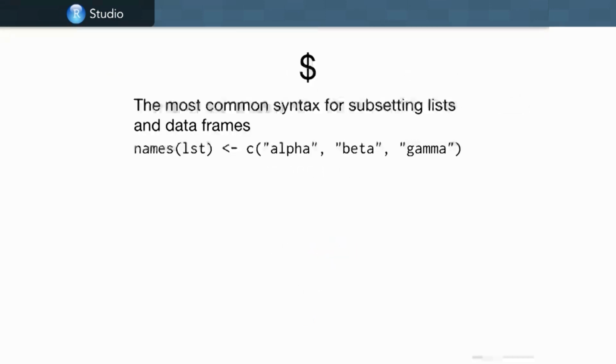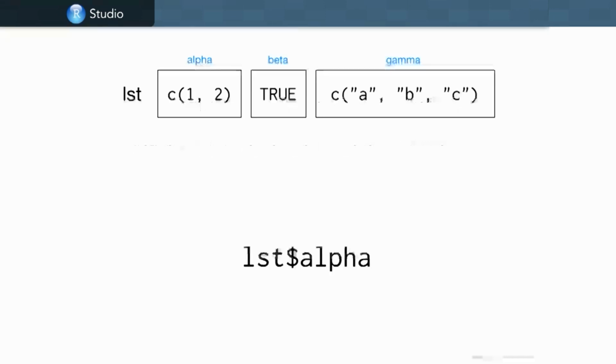There's one last wrinkle to subsetting that's related to what we just saw, and that's the $ sign. The $ sign is probably the most common way to subset that you will use in R, and I think now you're prepared to understand what it does. So if you create a list with names, we'll give our list names with the code on this slide, then you could ask for the elements of the list by their name. The syntax that you would use is the name of the list, a $ sign, and then the name of the element that you wish to return.